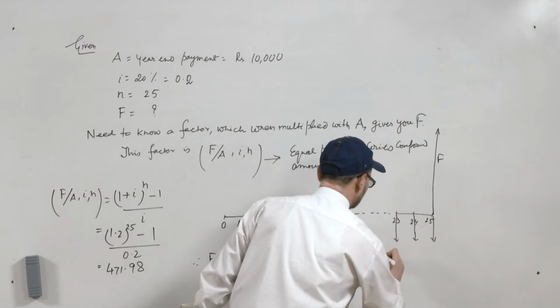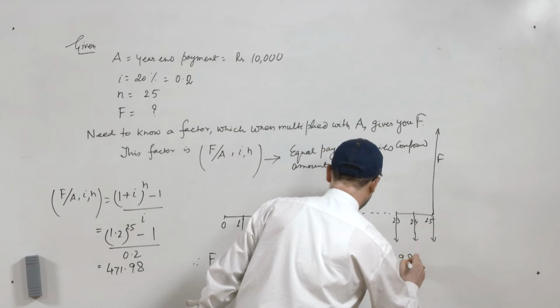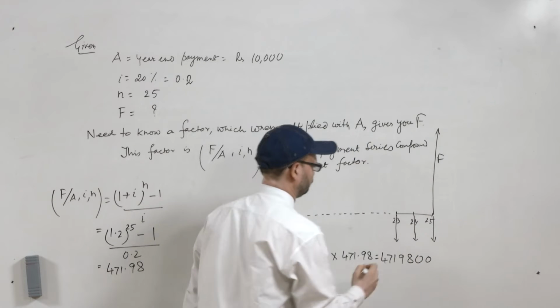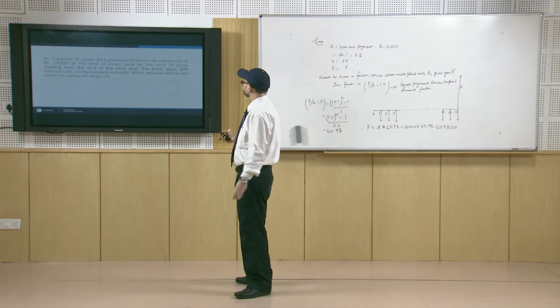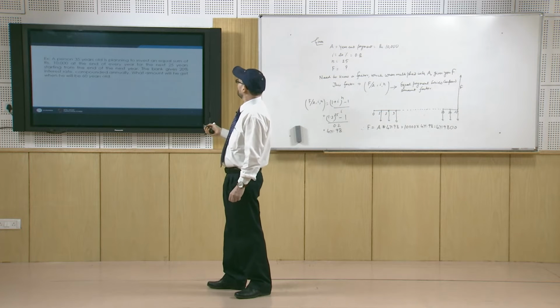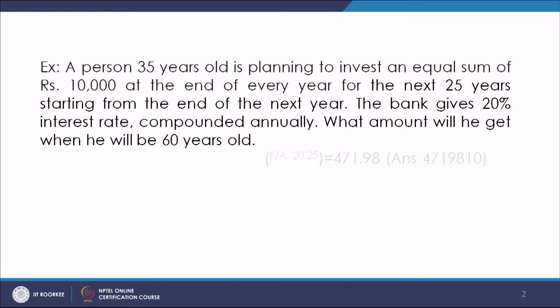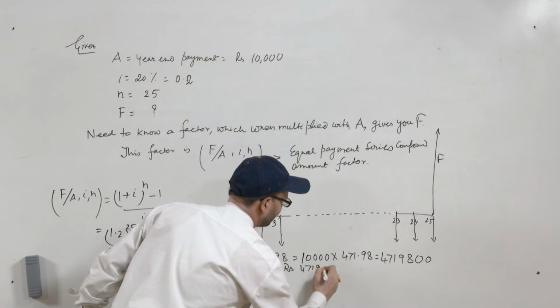That comes out to be 4719800. So, the answer is: the person who deposits 10,000 rupees at the end of every year for 25 years at a 20% interest rate, compounded annually, will have 4719800 at the end of 25 years. So, the answer is rupees 4719800.